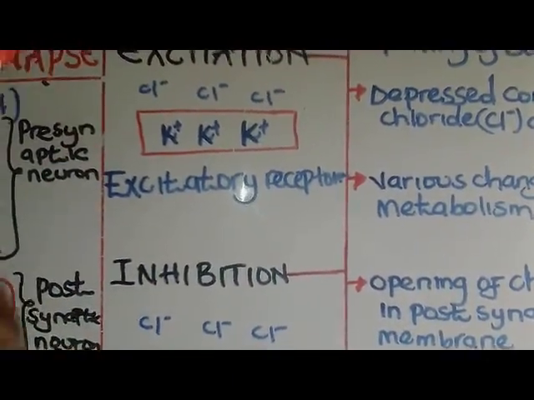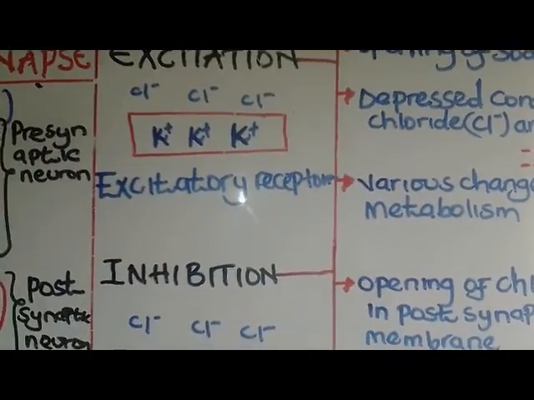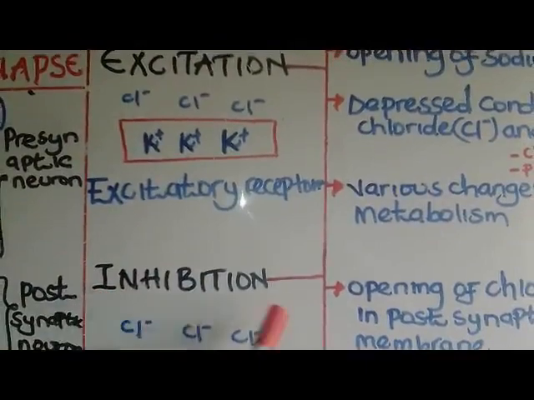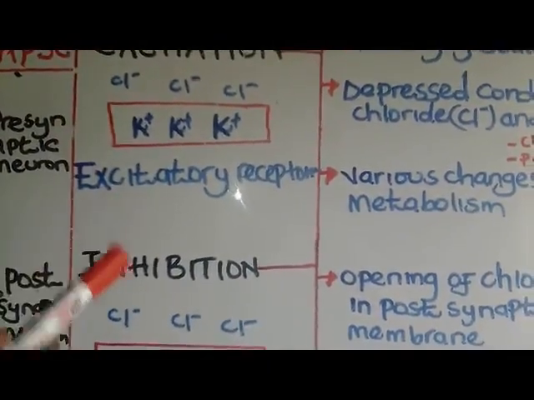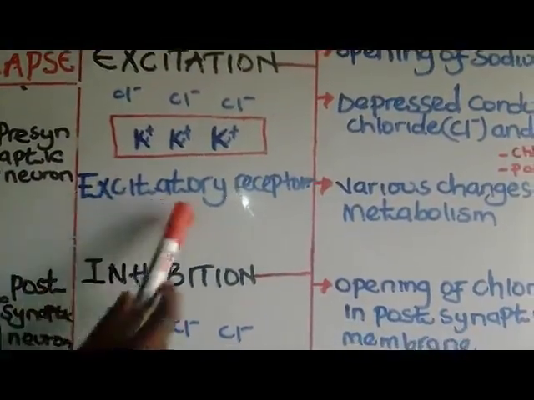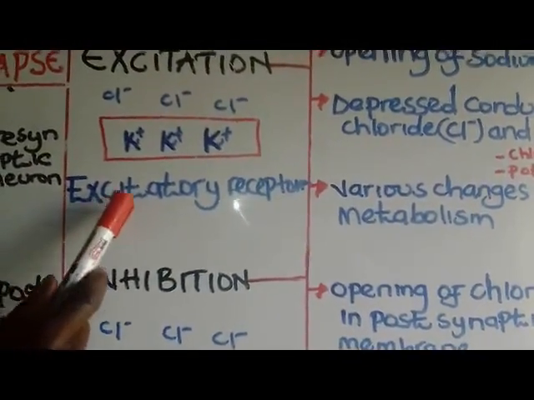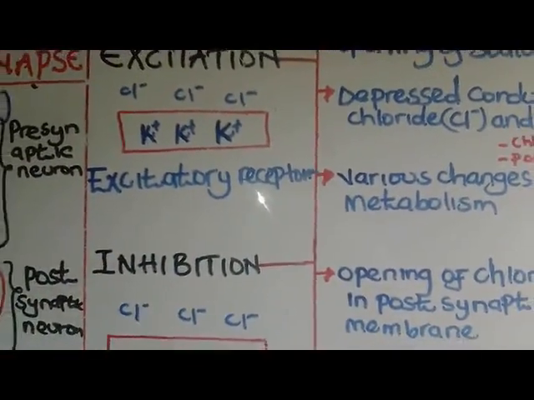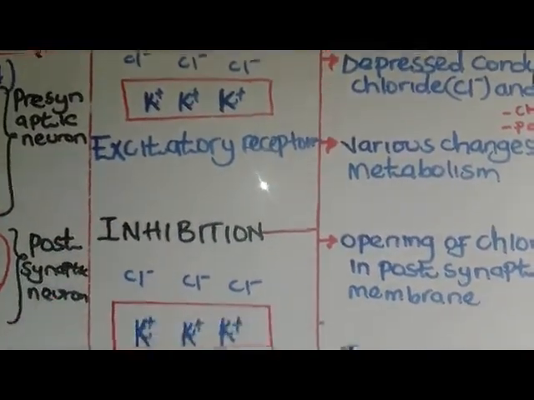So, to understand properly the concept, we need to clearly talk about excitation and inhibition. But you have to put into consideration that when I talk about excitation, I'm going to base more on excitatory receptors. Then when I talk about inhibition, I'm going to base more on inhibitory receptors.